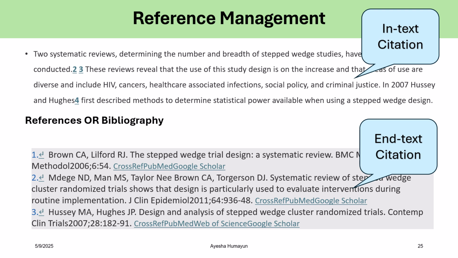But a bibliography includes all those published or unpublished sources that are not even cited within the text, but you used them while preparing your paper. You read them, you took an idea from them, so they must be listed at the end, but they are not available in the in-text. So usually a bibliography has more entries, while the in-text citations are fewer. So this is the difference between both.